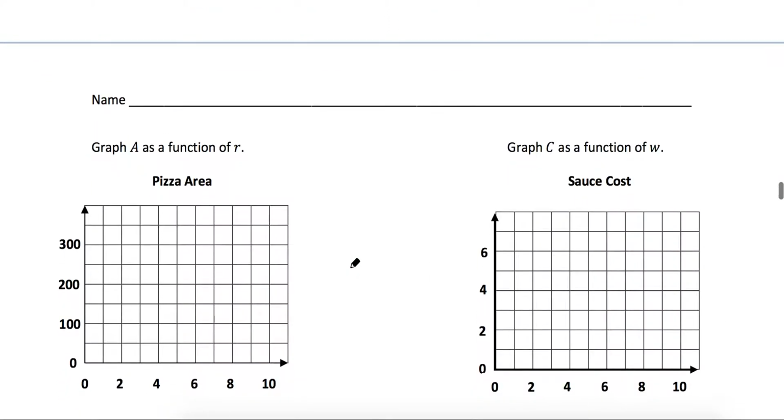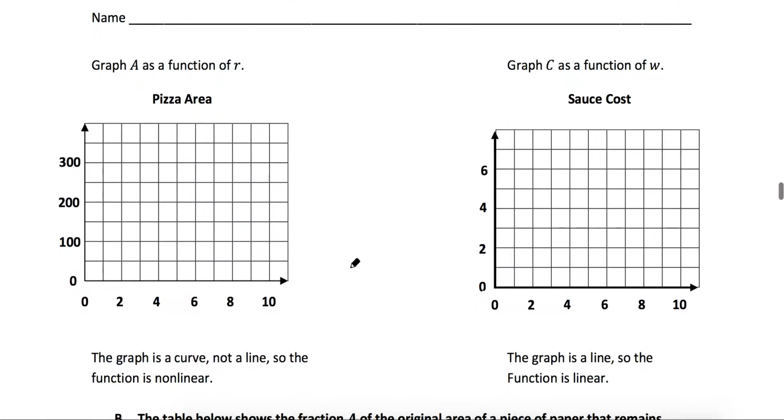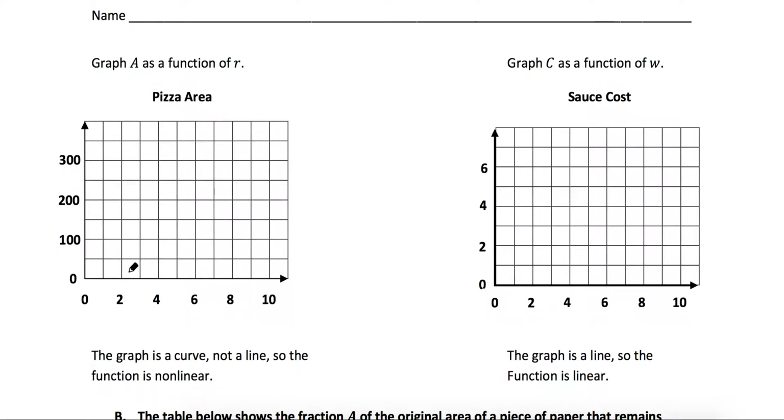Okay, so the pizza function, we're going to throw in some points. At 2, we are at 12.5, so about there. At 4, we are at 50. At 6, we are at 113, so right about there. At 8, we are at 201, so pretty much on 200 there.